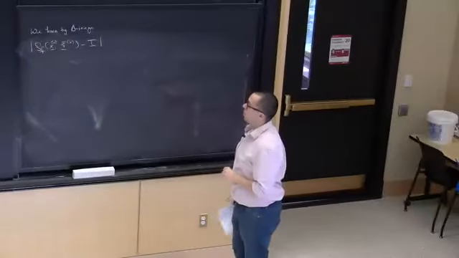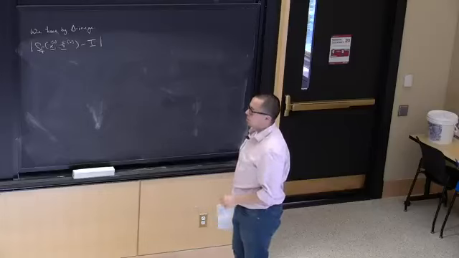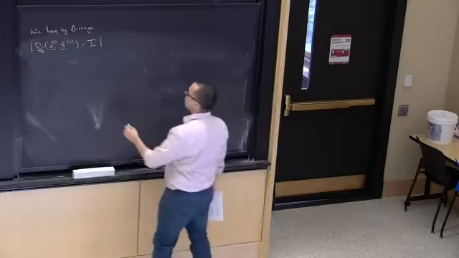So I'm just going to bound this by something that converges to 0. And then by the usual argument with the squeeze theorem, that implies this thing converges to 0.